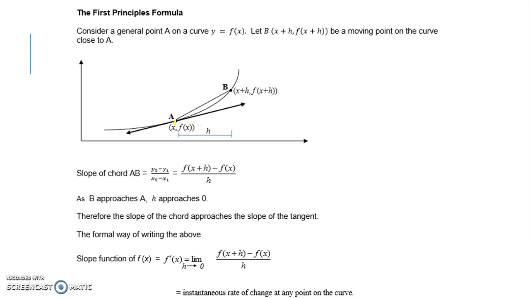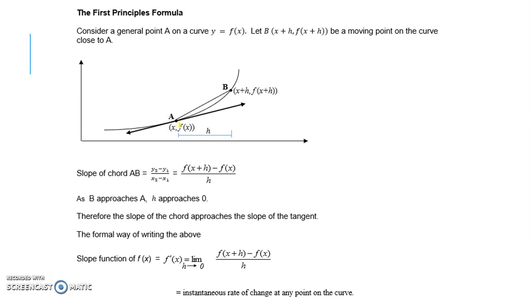Now, we're going to be finding another point B, and moving it closer and closer to A in order to find the slope between the points A and B. If we want to find the slope of the tangent at A, we'd need B to essentially be right on top of A. We'd need the distance between A and B to be infinitesimally small. So we want h to approach 0.